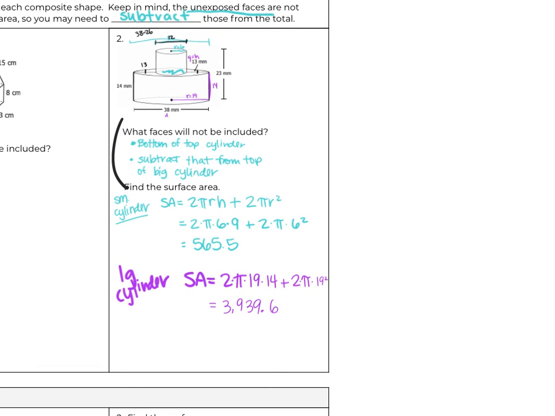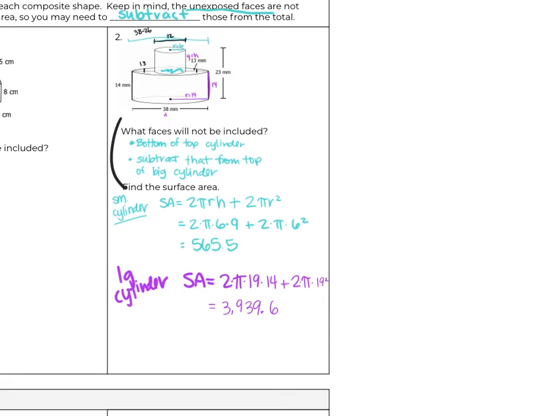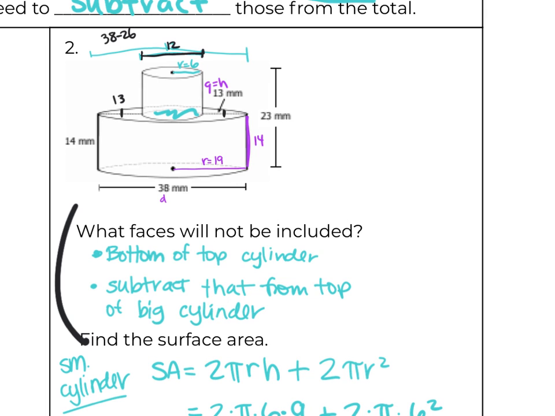So composite surface area, I actually think is the hardest of what we do this whole unit. So we're doing the hard part today and then it'll get easier. So remember to think what was not included. So the bottom of the top cylinder, right? So we need to find that area real quick so we can subtract it out. So the bottom of the top cylinder is just a circle, right? So what would the area be then?